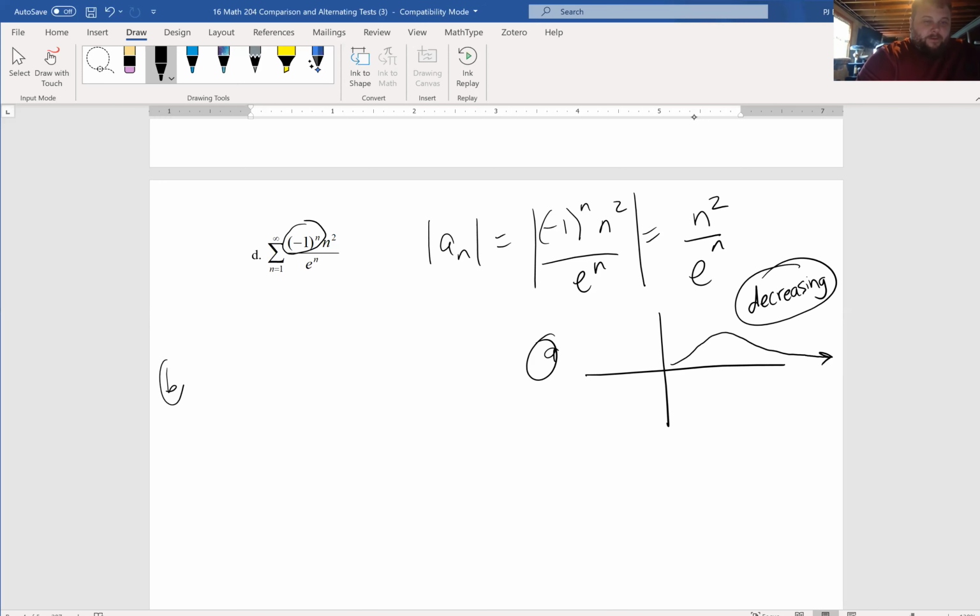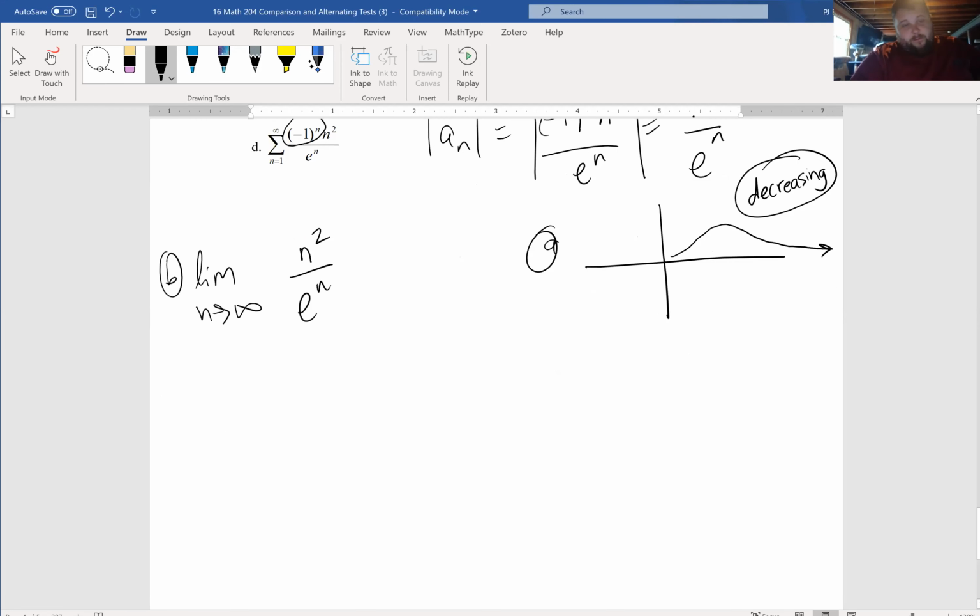The second one, again, says the limit as n approaches infinity of the absolute value of a sub n must be 0. Or at least we're hoping it to be 0. So you plug in infinity here, you get this guy. That should indicate to you that you need to use L'Hopital's rule.